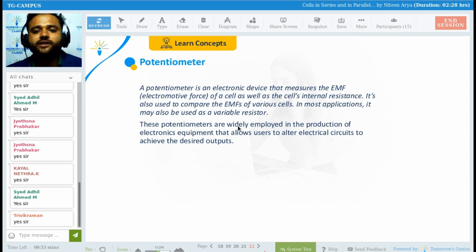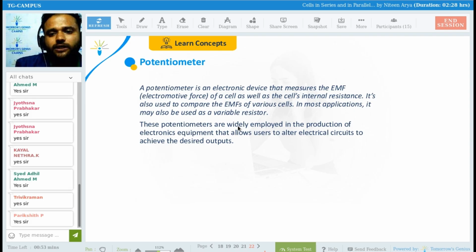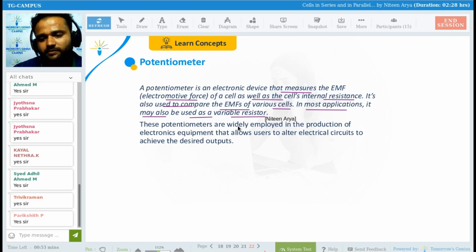So first of all, what is a potentiometer? A potentiometer is an electronic device that measures the EMF of a cell as well as the cell's internal resistance. It is also used to compare the EMFs of various cells. In most applications, it may also be used as a variable resistor.